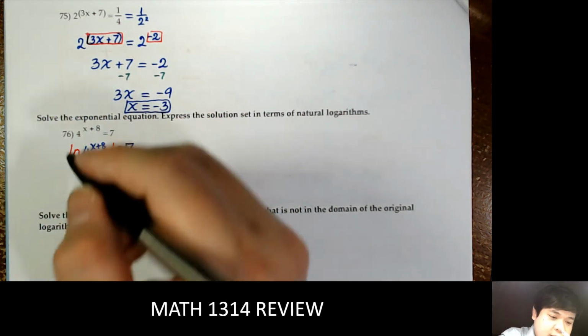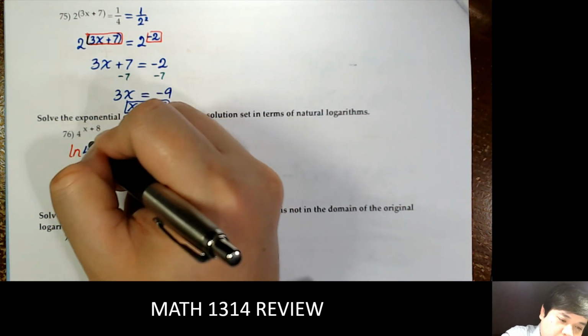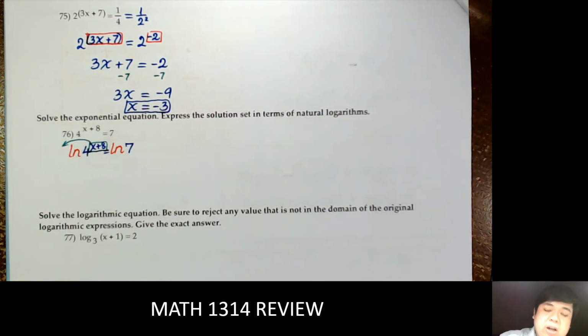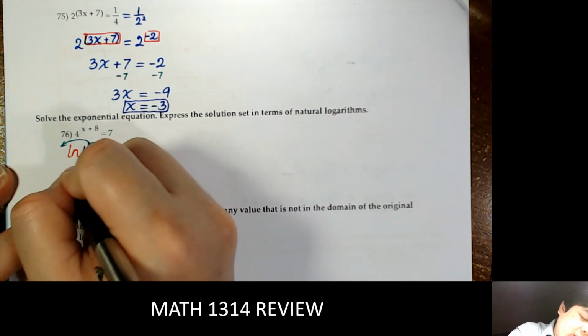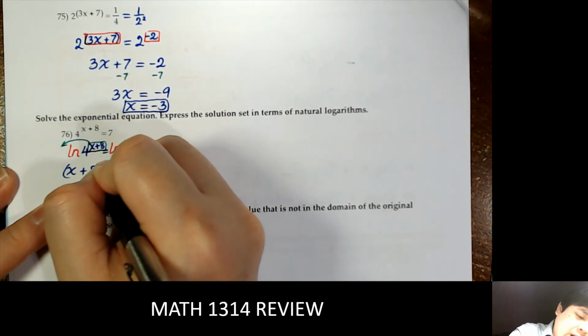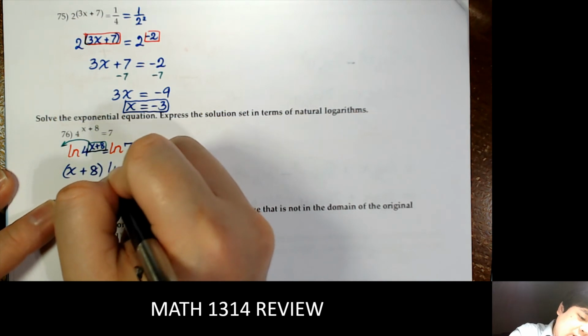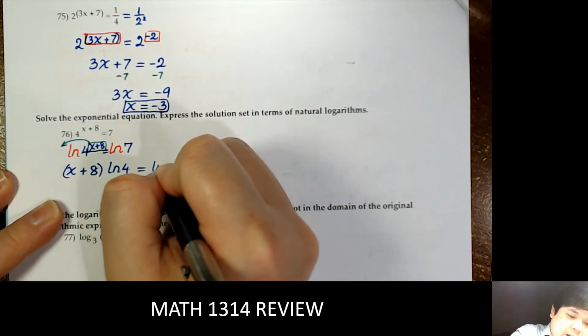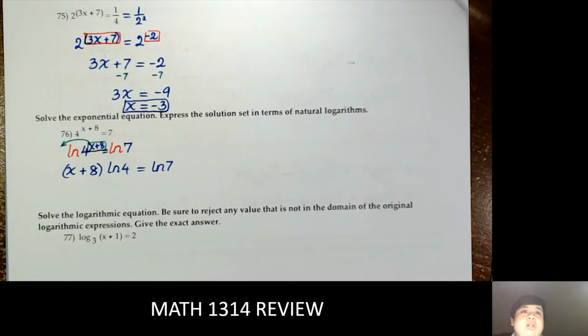When we do that, we can take the exponent outside. That's the whole reason why we take ln on both sides, or any log for that matter. We still have ln of 4 and then ln of 7.